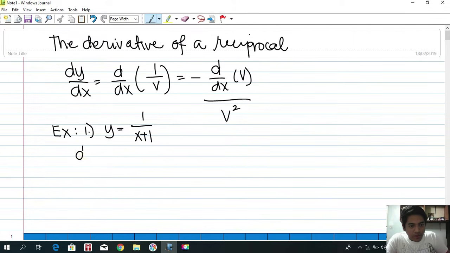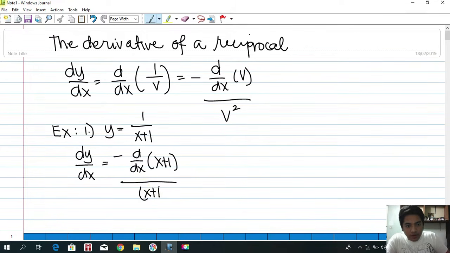So the dy over dx, or the derivative of y with respect to x, is equal to the negative d over dx of our v. In this case, our v is the denominator, which is x plus 1, divided by v squared. So we will simply square the denominator.